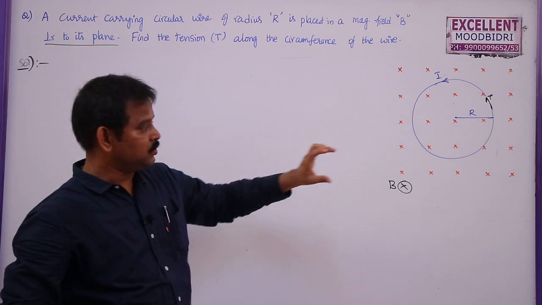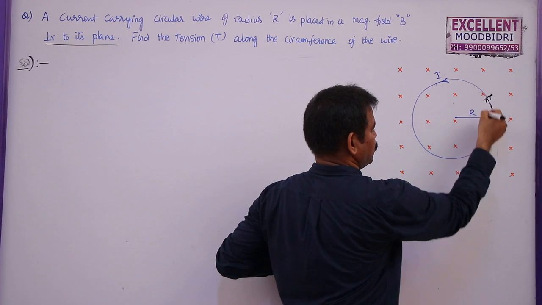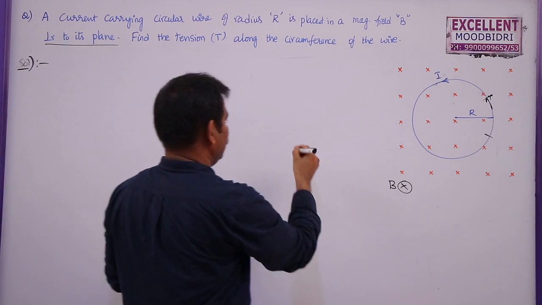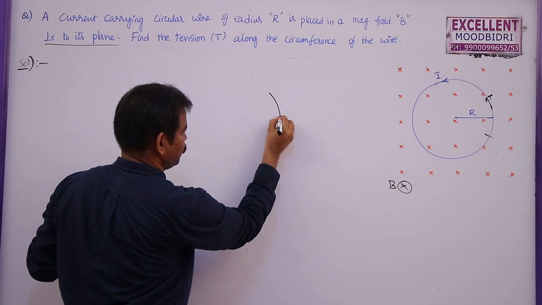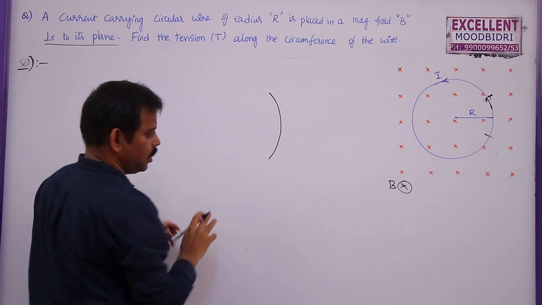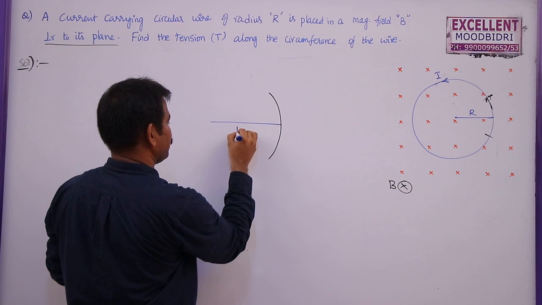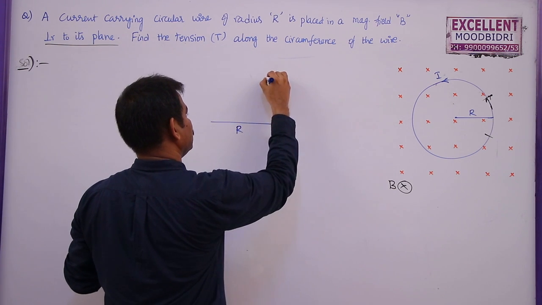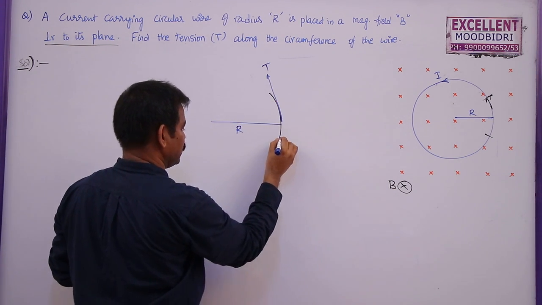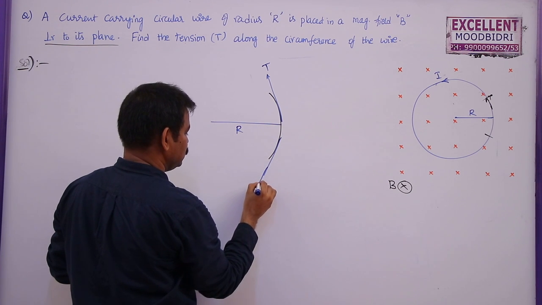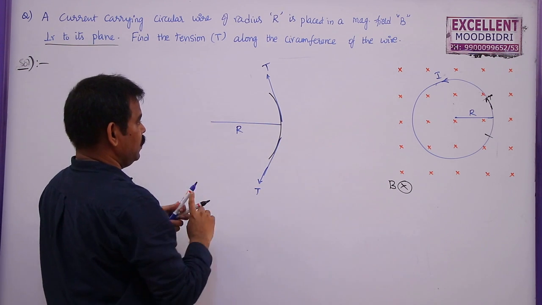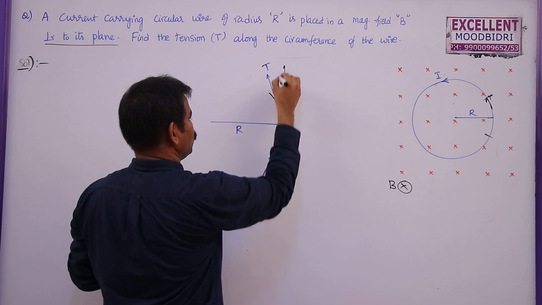Now let me take a small portion of it. I am not going to take the complete circular ring here. A small portion of it I am taking here. On this one, this is radius r. This is the direction along which the tension will act, along the circumference, and this is also T. Now you can resolve this into two components.